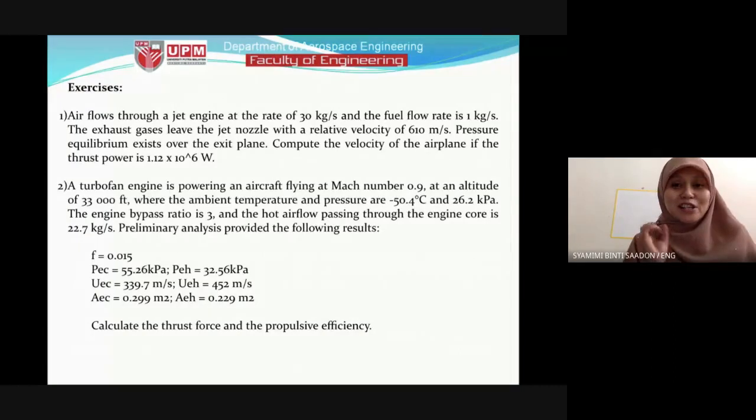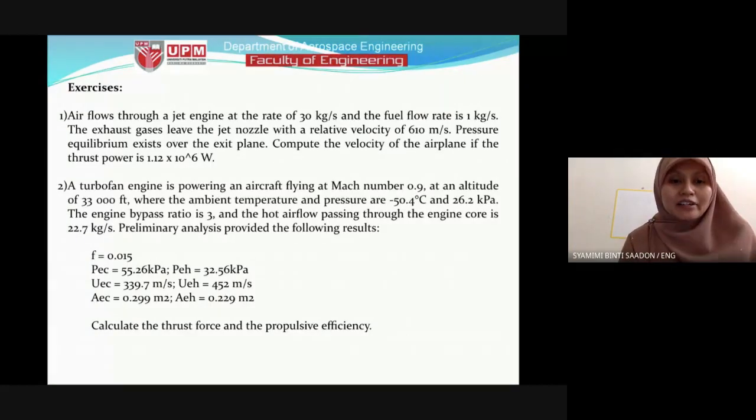It's not that it is zero, but it is very small compared to the air mass flow rate. But here, since it is given, even though it is small, you have to take it into consideration in your calculation, even though the effect is not that big.